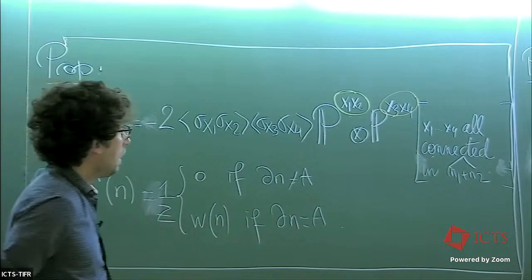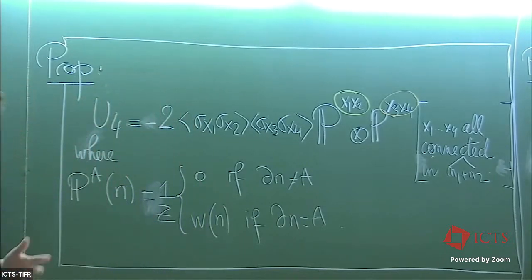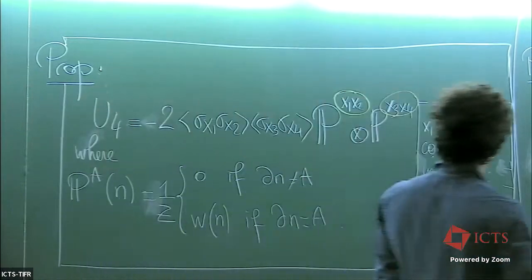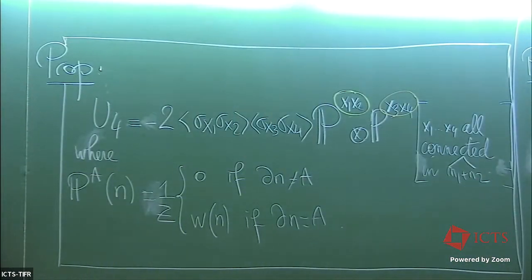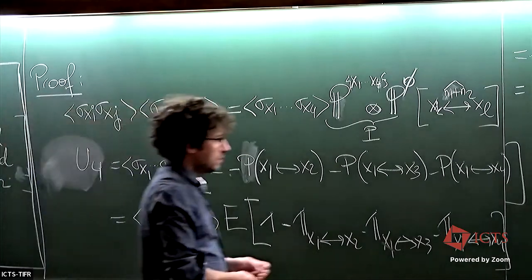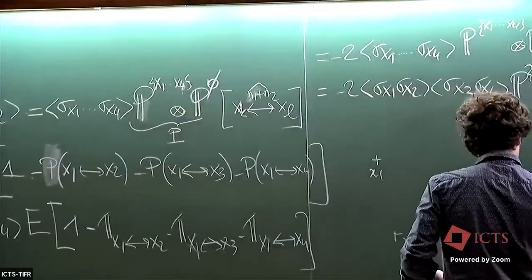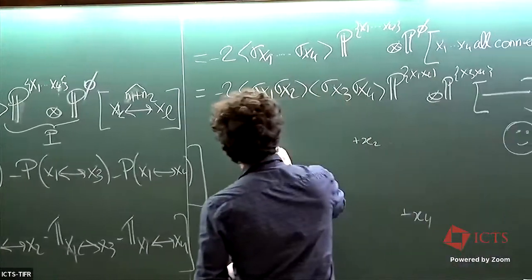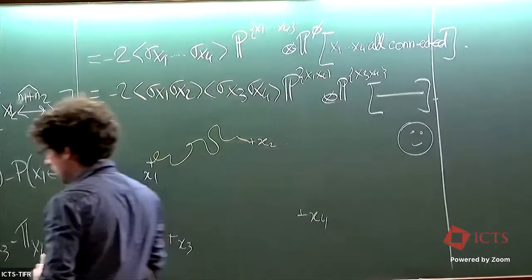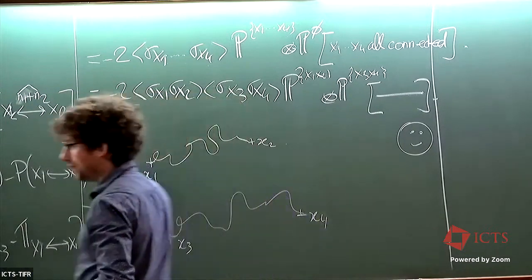Okay. So when you see that, it starts to be good because you have clearly an analogy that starts to build up. So the analogy is the following. I redraw my 4 points. And I know that there is a path from one to the other, and another path from the third one to the fourth one.